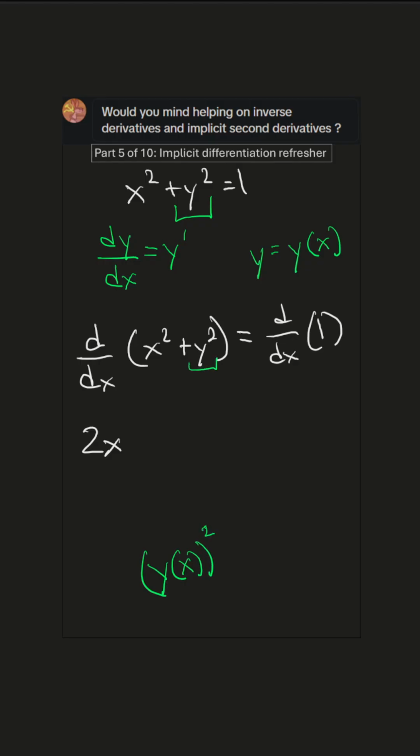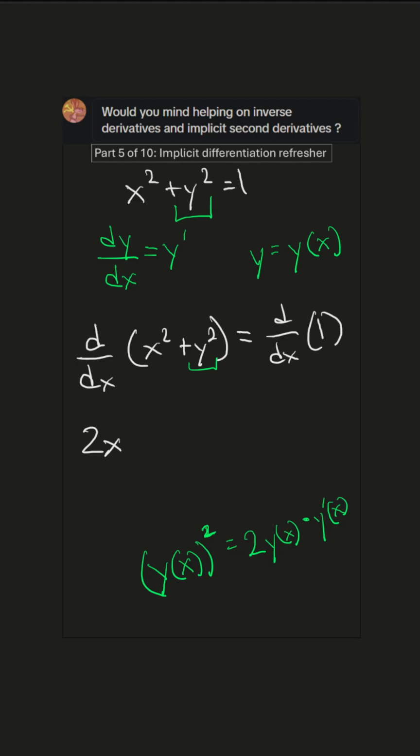So we can use the chain rule. First we differentiate the outside. So we bring that exponent down, and we get 2y. We could even say 2 times y of x. But then we have to differentiate the inside, and that's y prime of x.